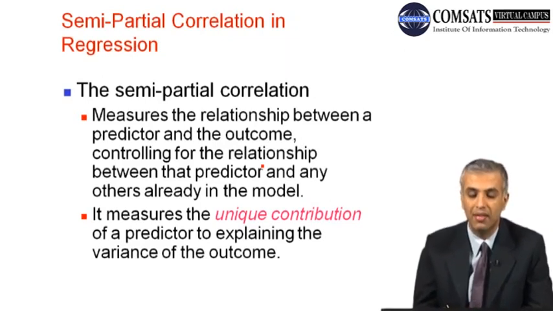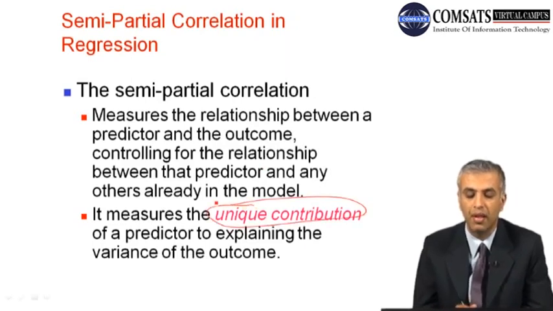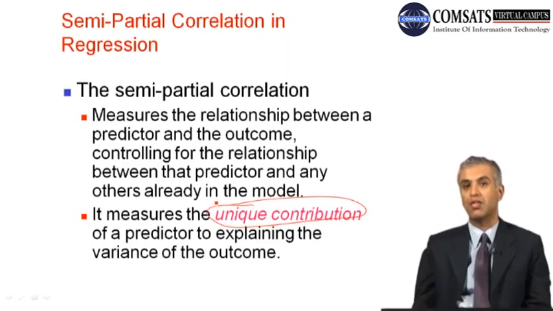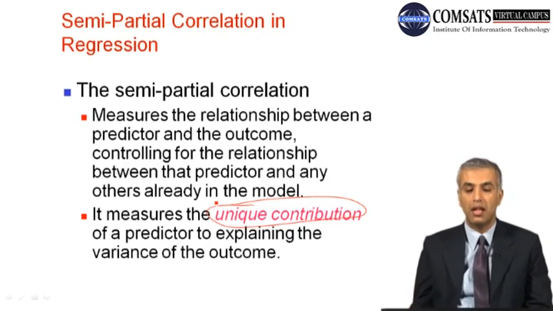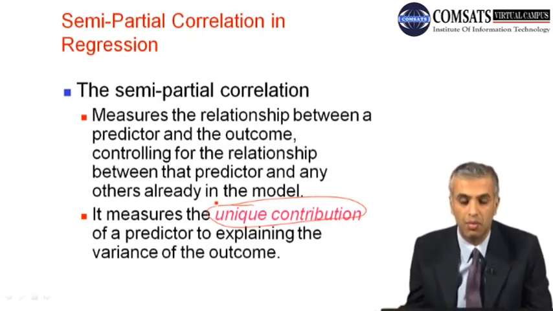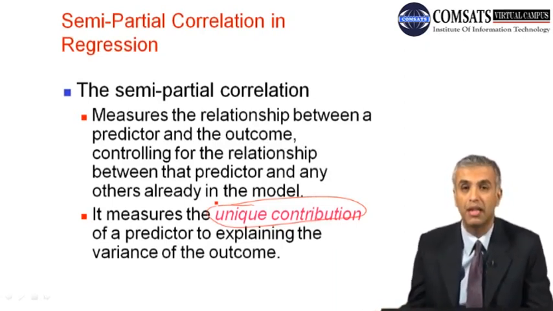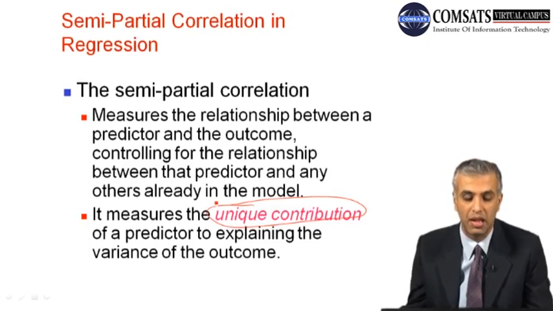So in other words, you can say that it measures the unique contribution of the predictor in explaining the variance of outcome. So we, in other words, try to find out the individual impact of that specific predictor here. That's the difference. So basically this is the main concept which is specifically followed in this case.